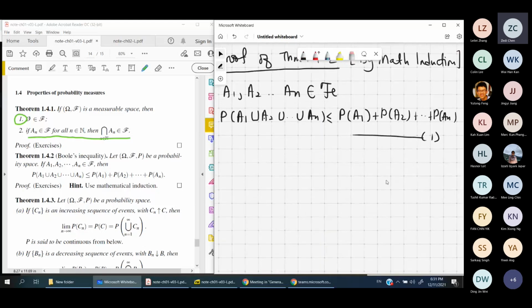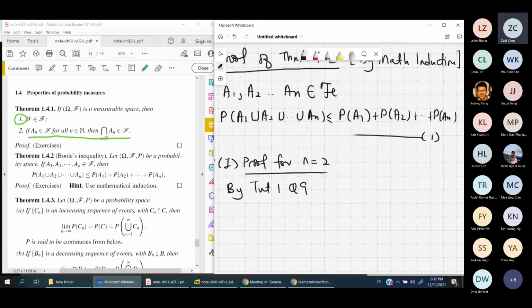The process for mathematical induction: the first step is we want to prove the case n equal to 2. When n equals 2, I'm not going to write this down, so you may refer to tutorial 1, question 9.